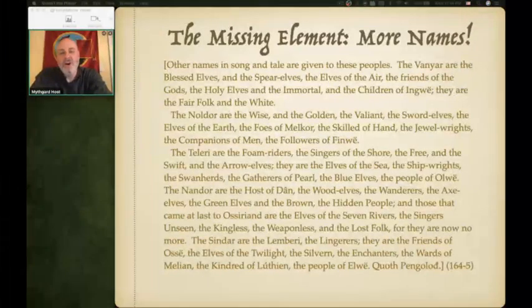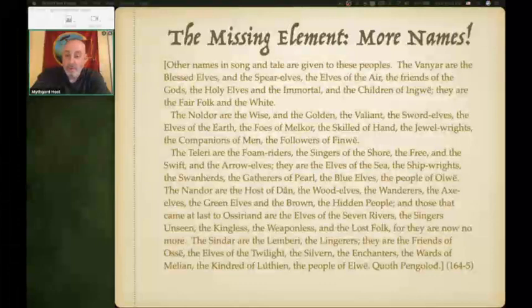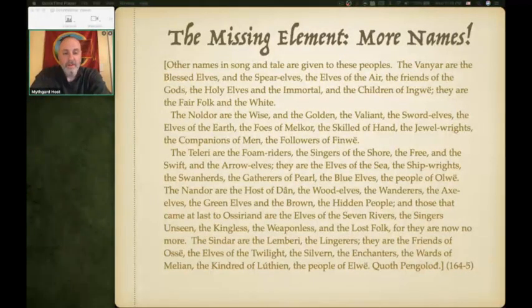Other names in song and tale are given to these peoples. The Vanyar are the blessed elves, and the spear elves, the elves of the air, the friends of the gods, the holy elves, and the immortal, and the children of Ingwe. They are the fair folk and the white. The Noldor are the wise, and the golden, the valiant, the sword elves, the elves of the earth, the foes of Melkor, the skilled of hand, the jewel wrights, the companions of men, the followers of Finwë.